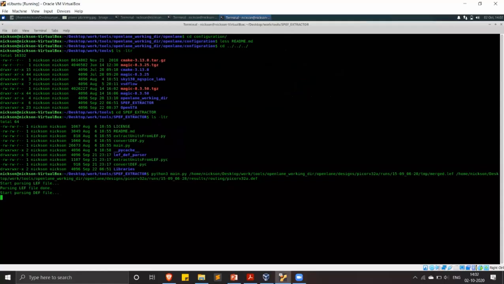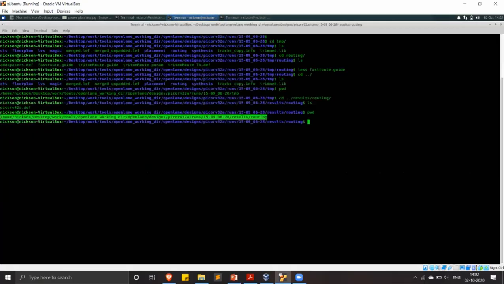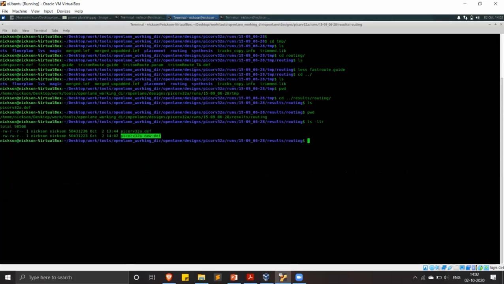It should take hardly 1 or 2 minutes to generate the spec file, and it will be generated in this location. Right now, before we had invoked that engine, this directory only had this one def file. If you see now, a new .def has been created, and in place this will be replaced by the spec file.